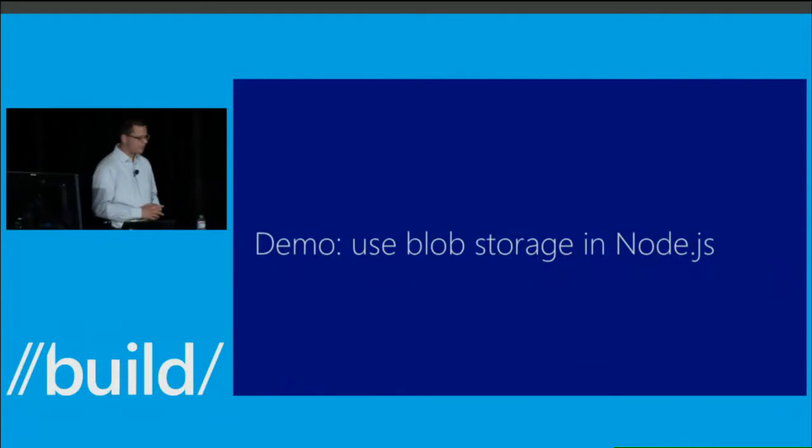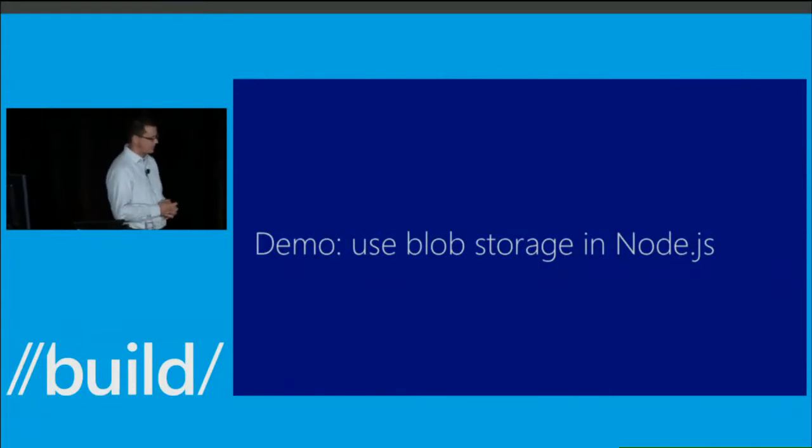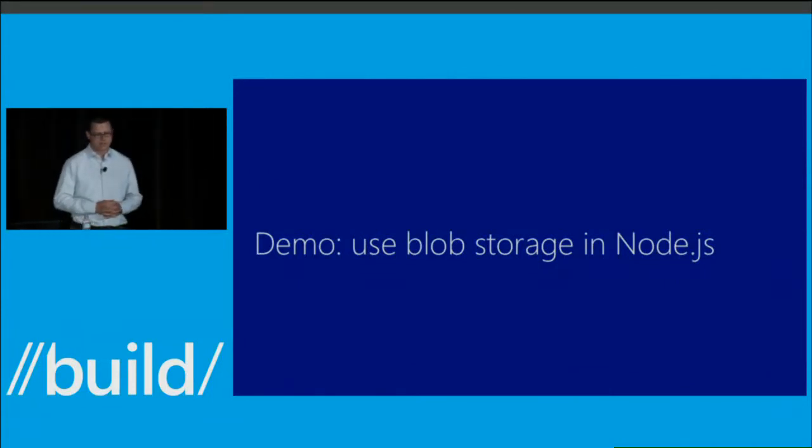So I'm going to demonstrate the use of the Windows Azure SDK for Node.js. And the example I'm going to highlight is using blob storage. Blob storage is a mechanism that allows you to store sizable chunks of data in Windows Azure. A good parallel there is that these may be large files, for example, that you can very efficiently expose publicly.